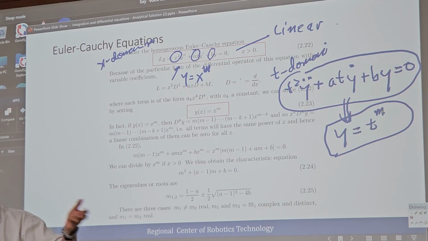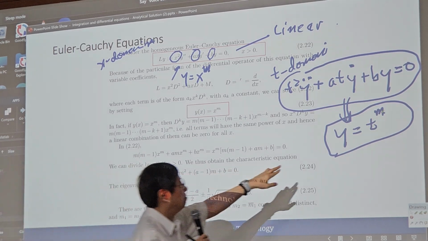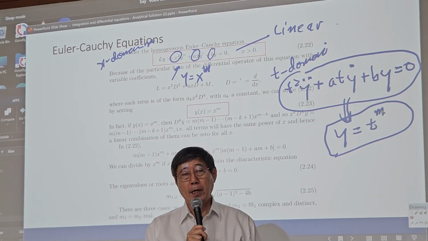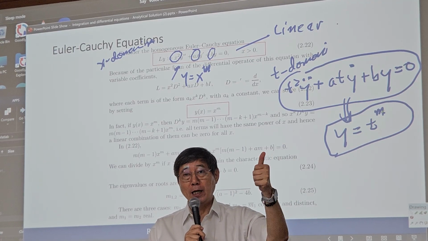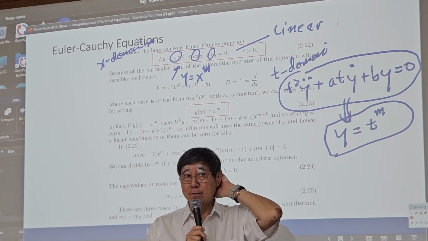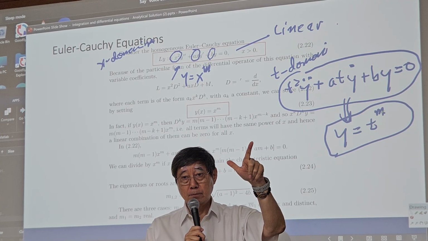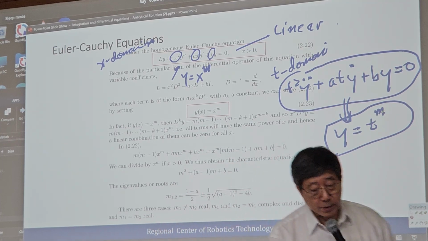Similar to the previous one, right? And we need to find m, like lambda 1, 2, 3. So we have m1, m2. In this case, second order, we have two values of m.